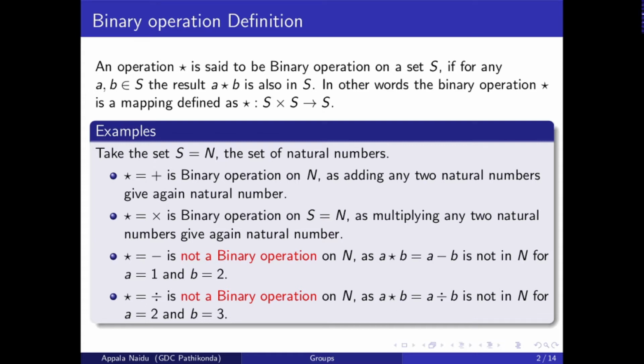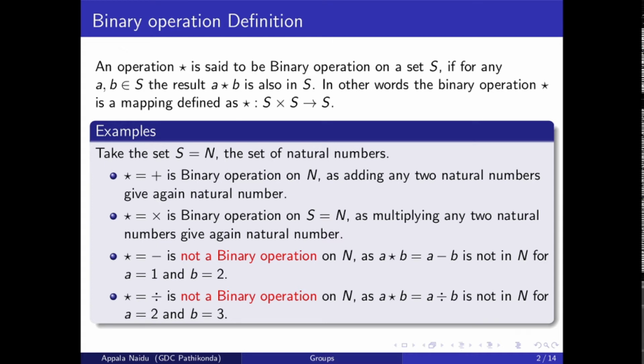Hence the operation plus is a binary operation. If you take star equal to usual multiplication, and the set is the set of natural numbers, then you take any two natural numbers and multiply them, the result will also be in the set of natural numbers. Hence star is a binary operation on the set of natural numbers.